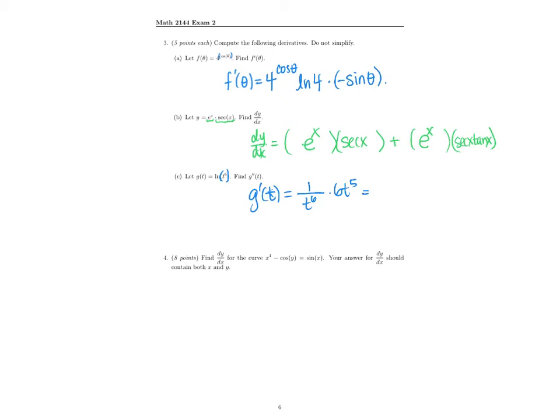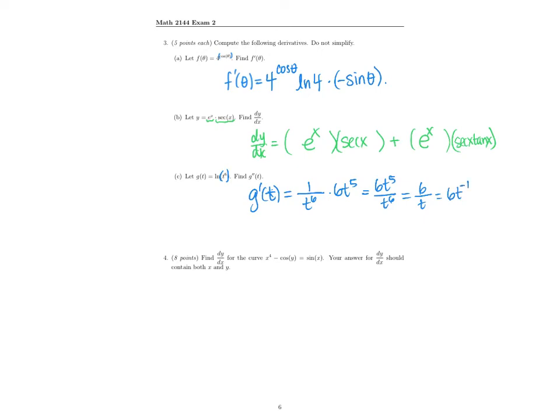I'm going to go ahead this time and simplify because I want to be able to take the second derivative. So if I simplify that, I'll have 6t to the 5th over t to the 6th. So I can divide t to the 5th by t to the 5th, and that makes 1. So really what I'm left with is 6 divided by t, which I can write as 6t to the minus 1.